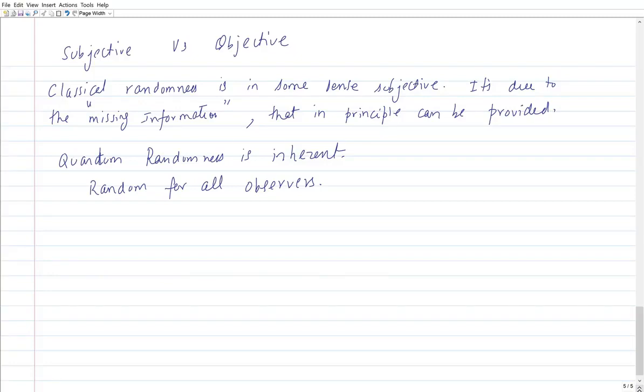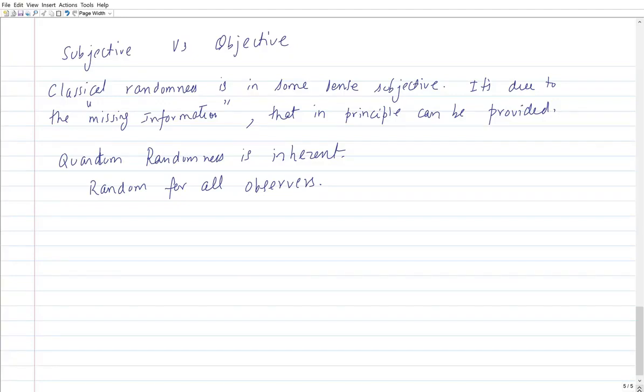Or let's say I'm playing a game of cards and I am dealing as honestly as possible. You calculate what's the probability of getting a jack, a king, or a queen in a game of cards. But for someone who's cheating, he has all the maximal information about the process. Well, for him, it's a deterministic process. It's no longer gambling, it's cheating.